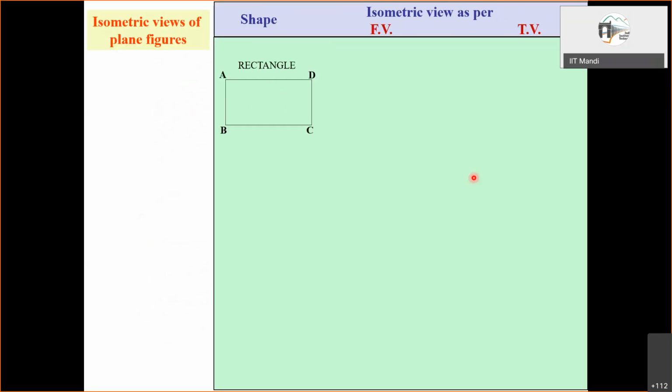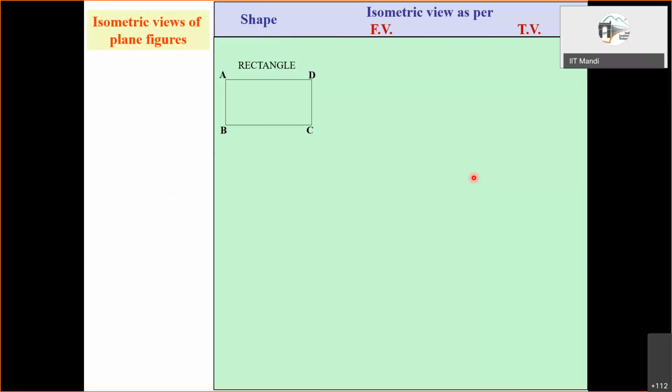This again is just talking about the plane figures, but this will be helpful as we have to proceed further beyond this. So first of all, suppose we have a rectangle and we have to draw it in a front view configuration, or in the top view configuration.